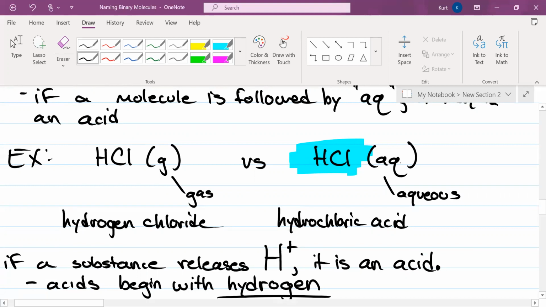But if you had HCl with aqueous after it, that tells you that it is an acid. And because I can see with my own two eyes that there is no oxygen in HCl, you will use the binary acid naming rules. You start with hydro, you then use the root of the second word, chlor, you then end it with ic, and then you add the second word acid.